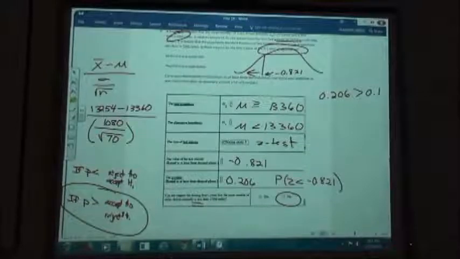No, won't move? We'll put a number in there. It just doesn't like to be blank. So, the mean number should be the 13,360. The X bar number is the 13,254, right? The standard deviation is the 1,080. And then the N number is the 70.